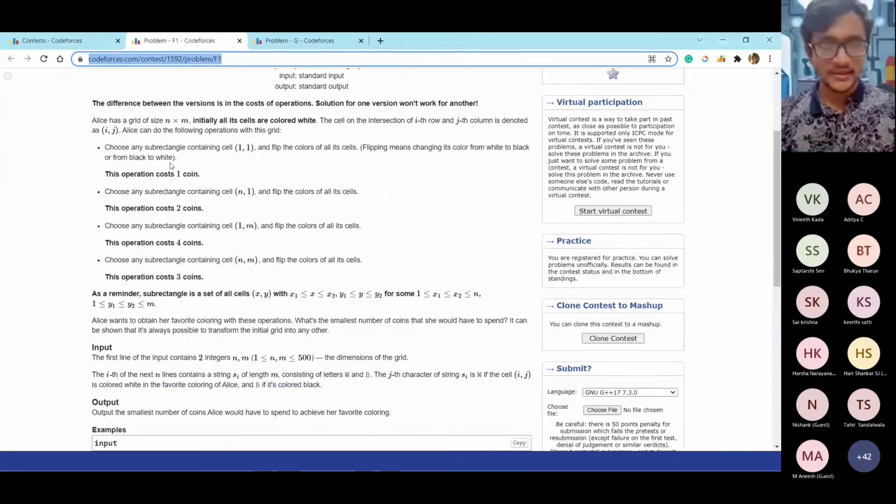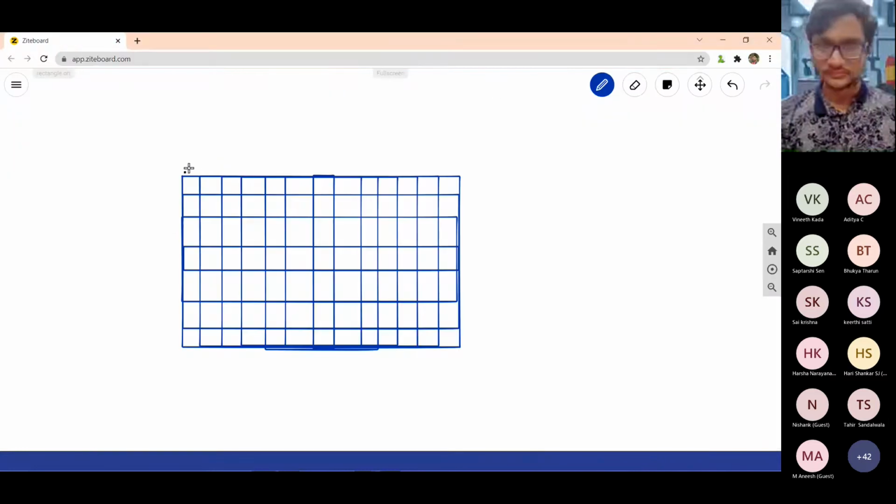In one operation, you can choose any subrectangle that contains the cell (1, 1). This is 1, 2, 3, 4, 5, 6, 7, this is the 7th cell, and this is again 1, 2, 3, 4, 5, 6, 7. So for this problem, this is n and this is m.